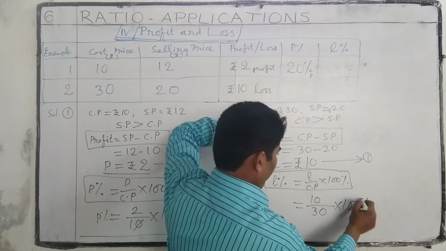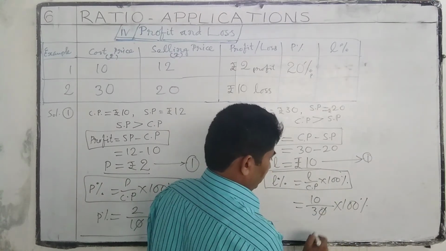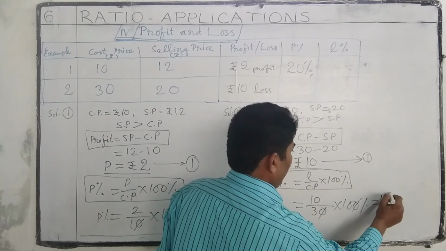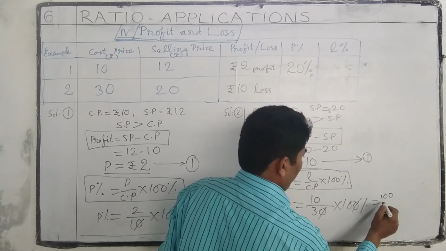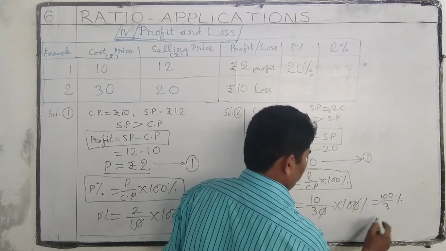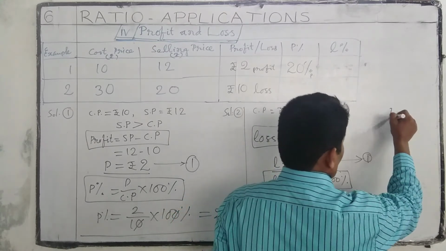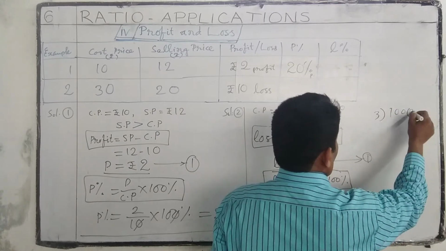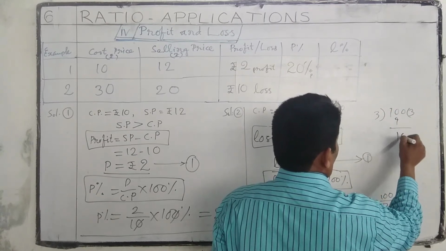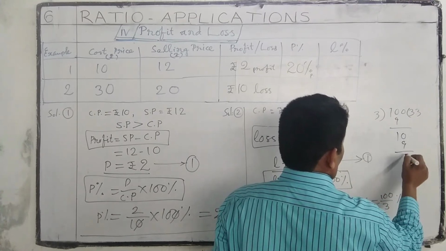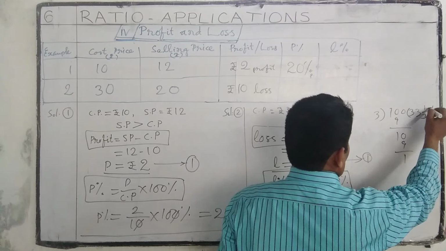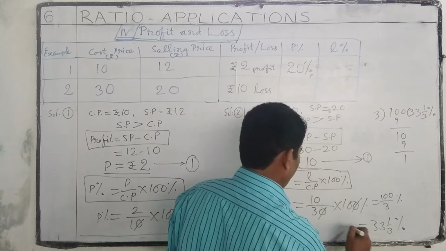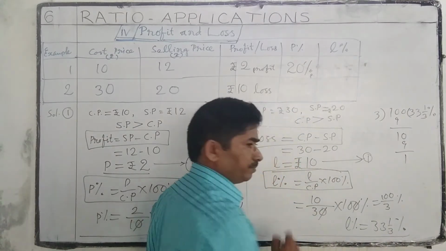We have to write the percentage sign also. 0 gets cancelled. 10 tens are 100, 100 by 3 percentage. 3 3s are 9. 33 1 by 3 percentage. This is the loss percentage.